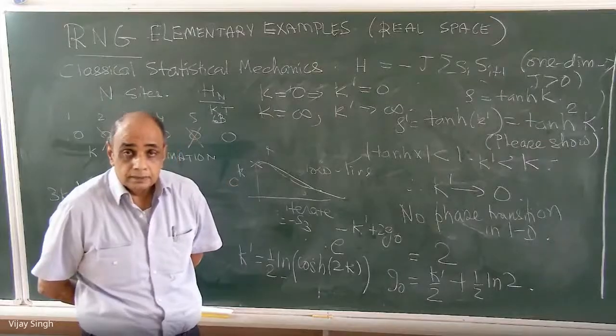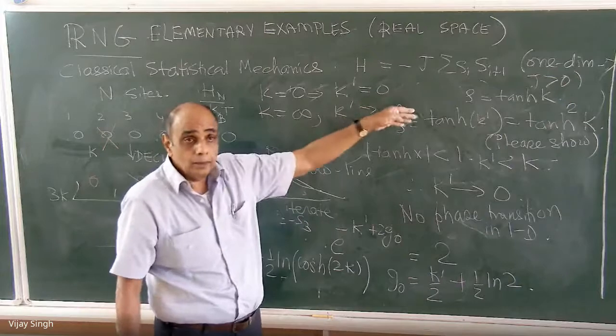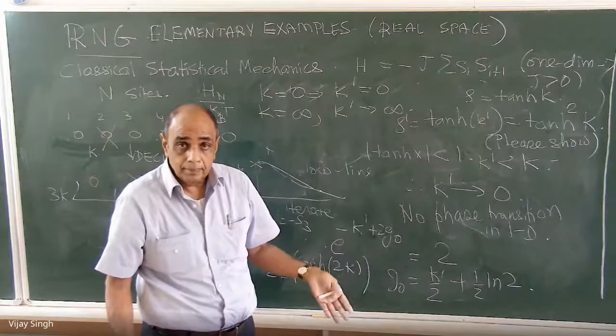Sir, this is Chandrasekhar. How do we know that at the subsequent levels the function f remains the same? So f of k, that algebra which got e raised to 2k prime plus 2g0 is equal to whatever, that remains the same.